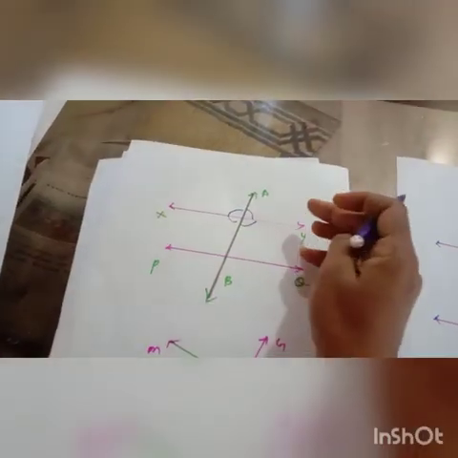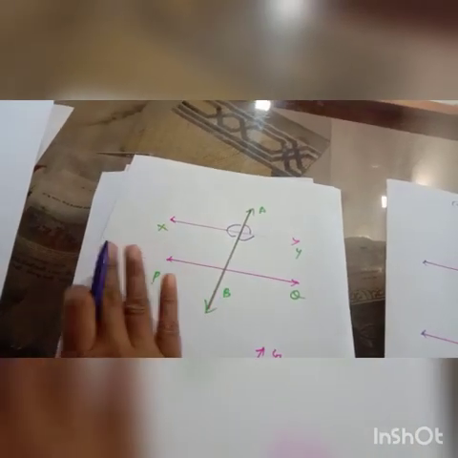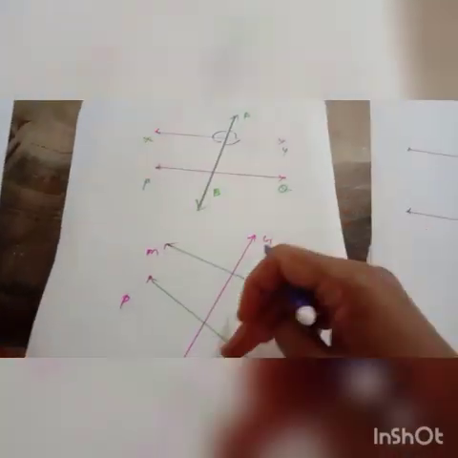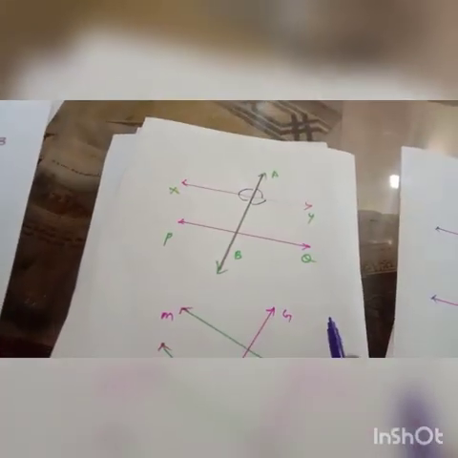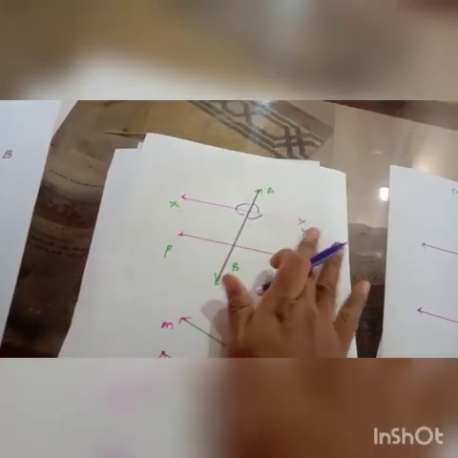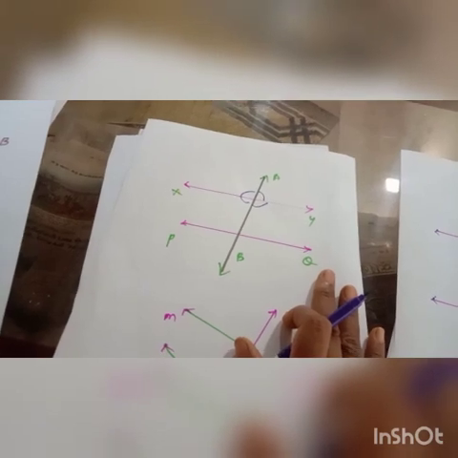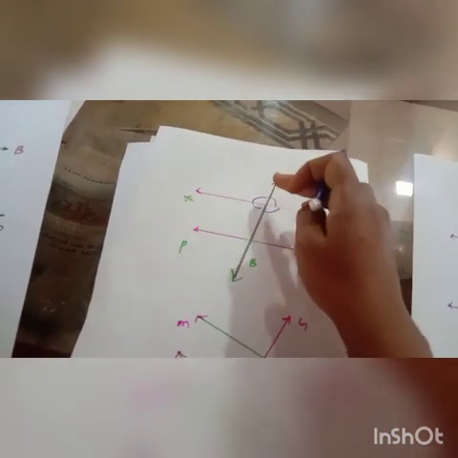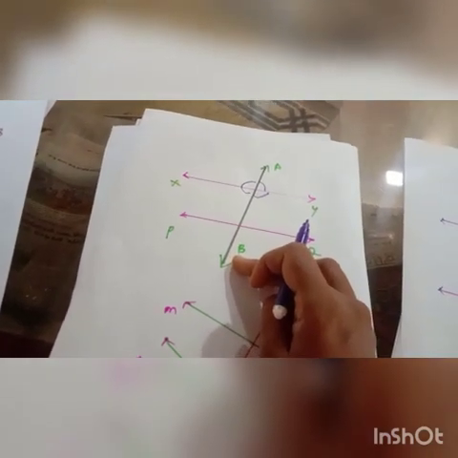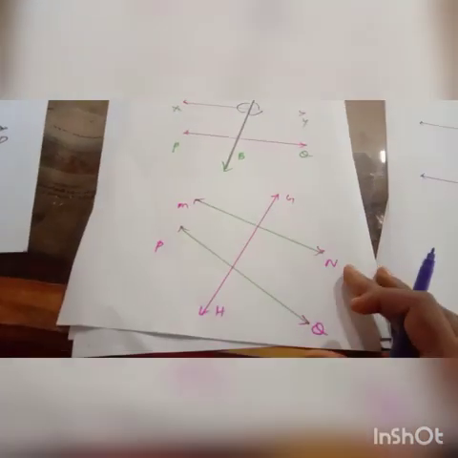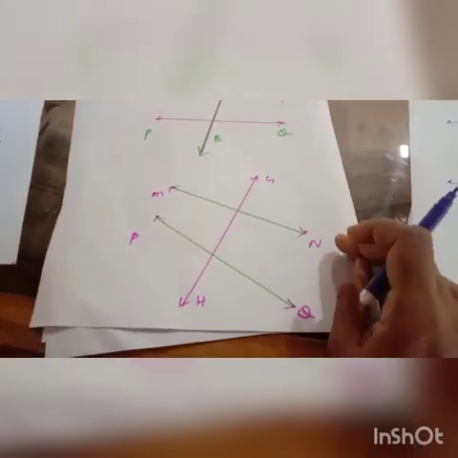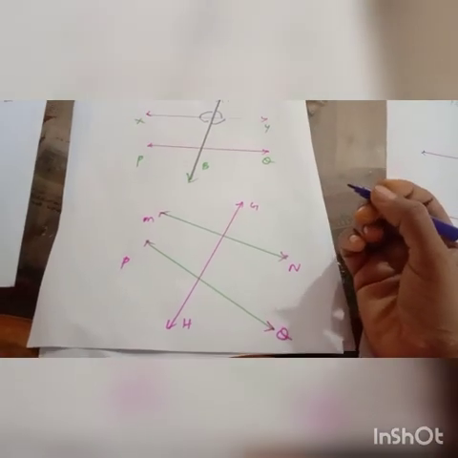Here you will see a transversal. In this picture I have drawn two different sets of parallel lines. XY and PQ are one pair of parallel lines. Here what is the transversal? AB is the transversal. In the picture below, what are the parallel lines?